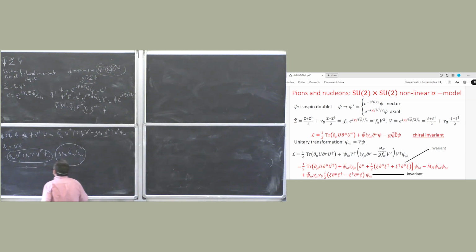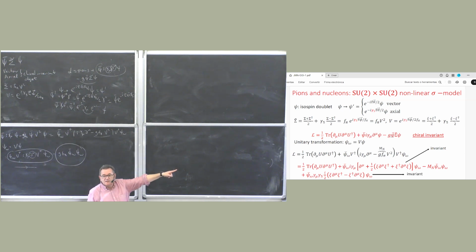I am not going to continue more, but then it's easy. Here you have a derivative, then you have to be a little bit careful, and what you get is the last line.